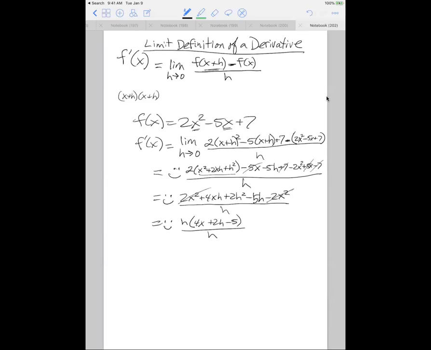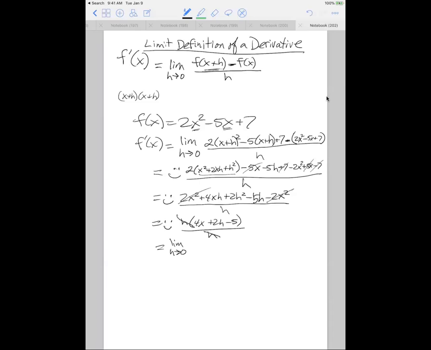And part of the reason for what we're doing with the limit is that we're going to plug 0 in for h at some point, and the h is still in the denominator, so you can't do that yet. But once it cancels, which we're doing right here, now you can actually plug 0 in for h, and that's what we're setting it up for.